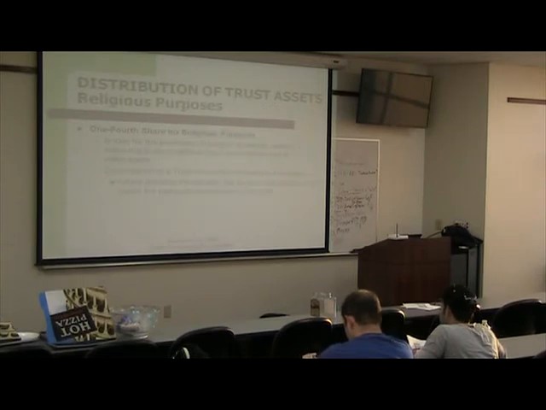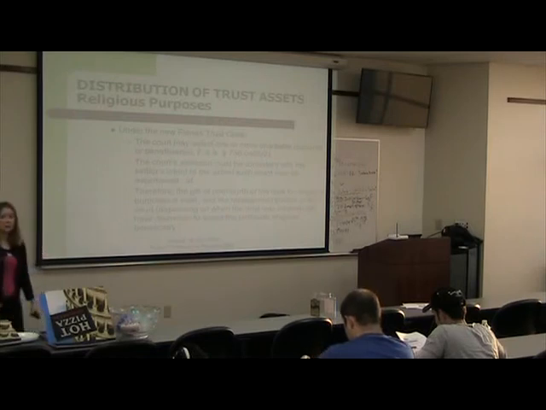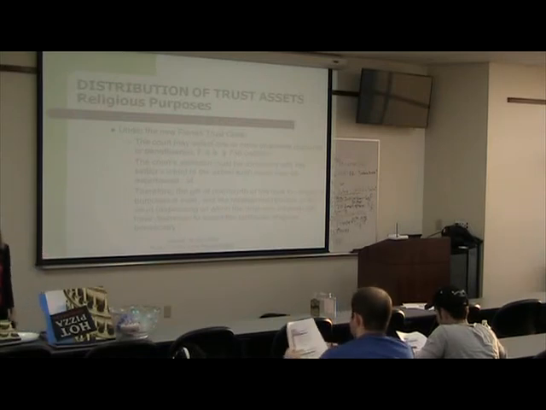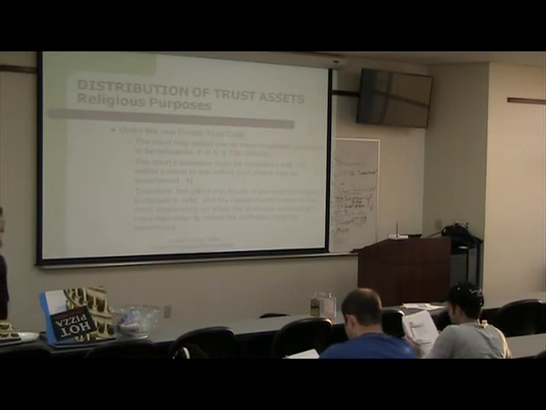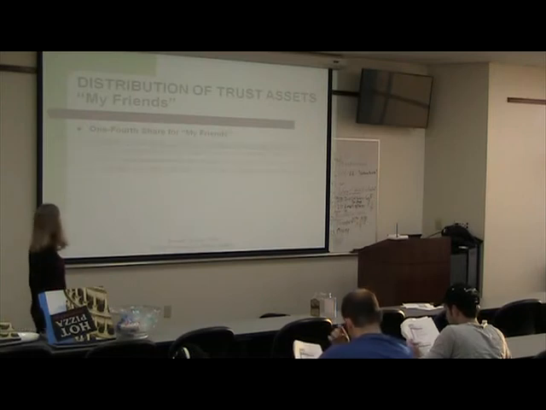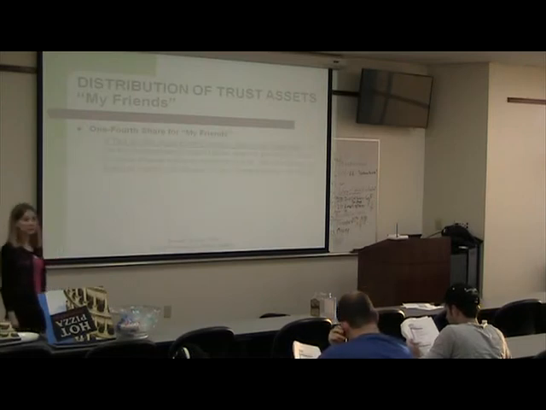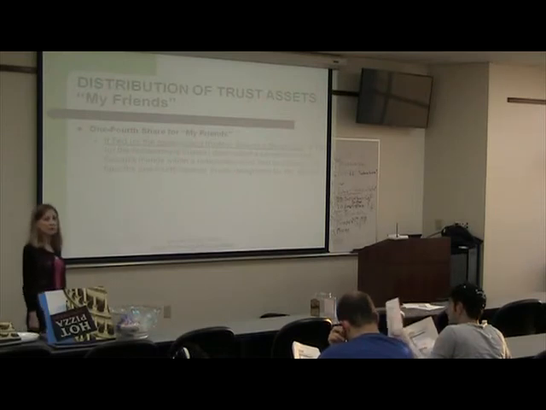What about religious purposes? As we already said, the court can name a religious institution that is within the court's understanding, an institution that would have been within Susan's intent. And finally, as we said with my friends, Ted or the replacement trustee, if we're dealing now with a replacement trustee, can step in and pick some friends.